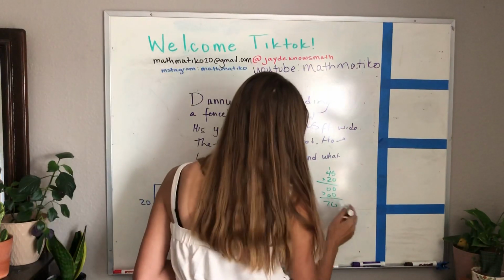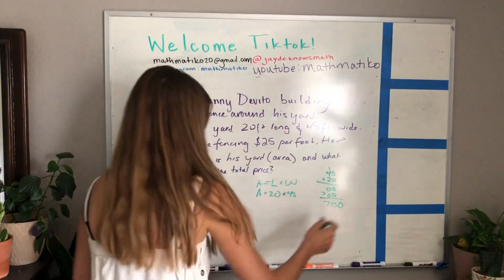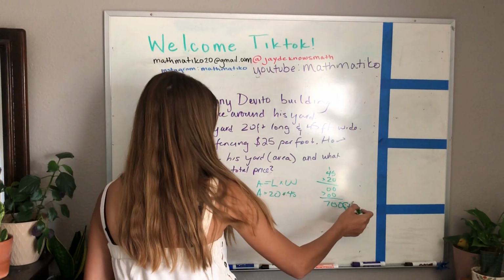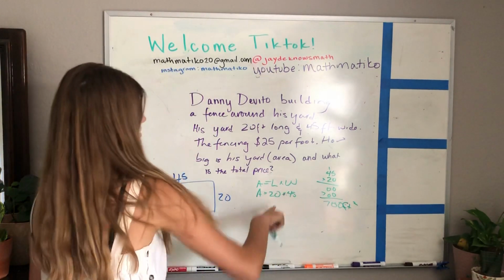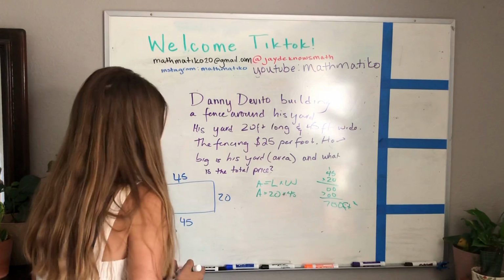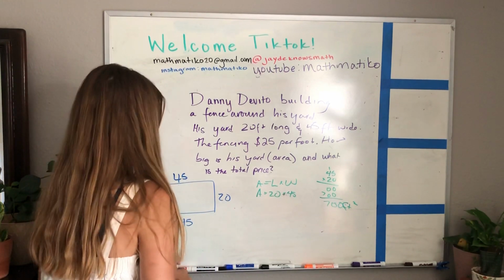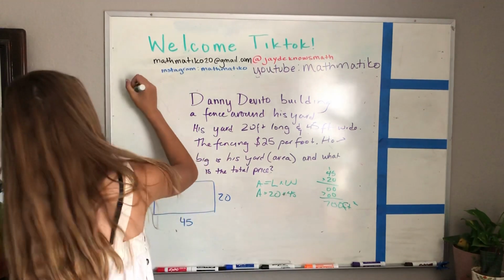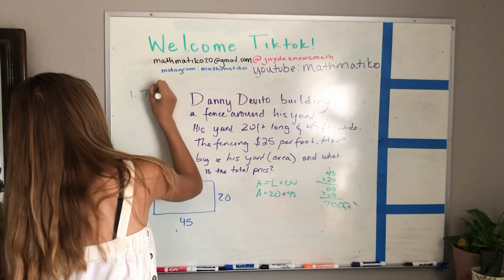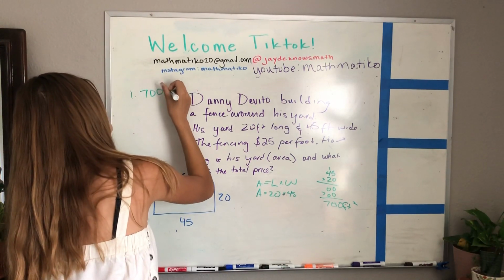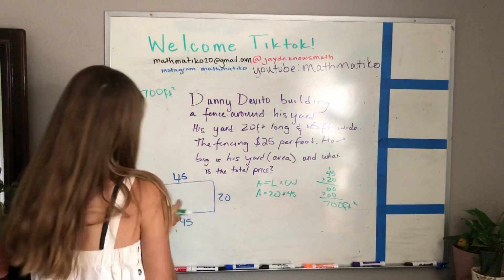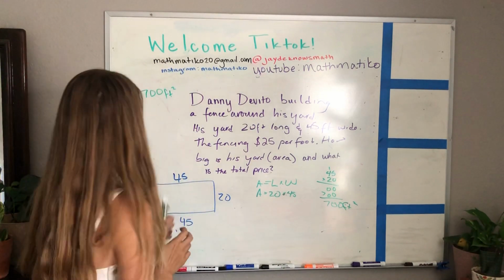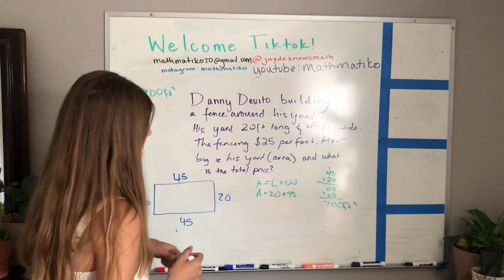Oops, that's pretty ugly. 700 feet squared for our area. So we know the first part of our problem equals 700 feet squared. Okay. Area is always in units squared.